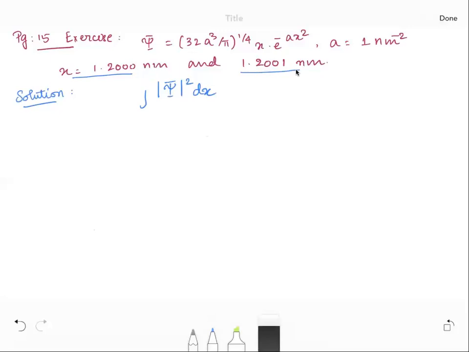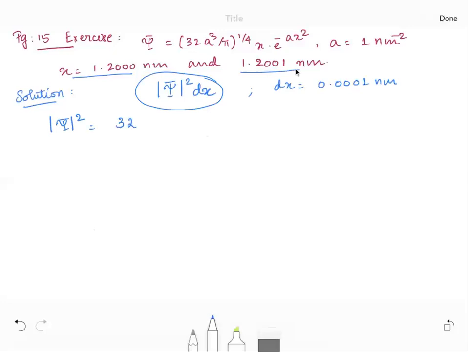However, in this case, we only have to deal with an infinitesimal interval where dx is actually 0.0001 nanometers. So all we have to do is compute this particular term, and that would be the probability. So let's get started with computing psi squared.